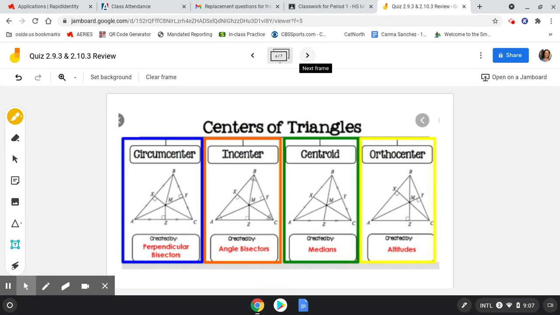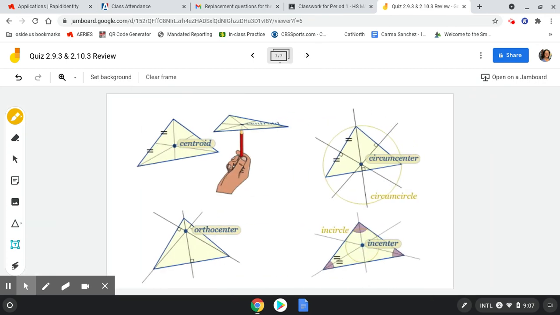Finally, I gave you a couple of visuals here at the end in case you need to look at these. Notice here your medians that have the center as a centroid. I put these out of order. I'm sorry, you guys. Your altitude that has its orthocenter.